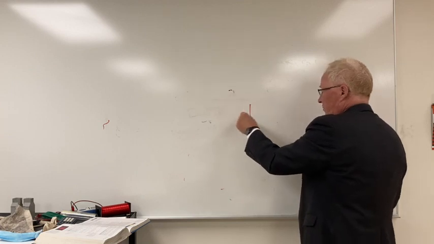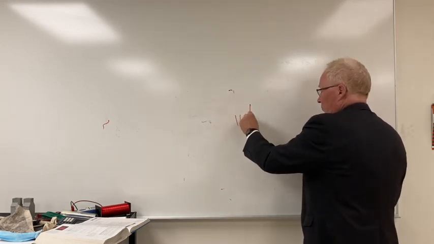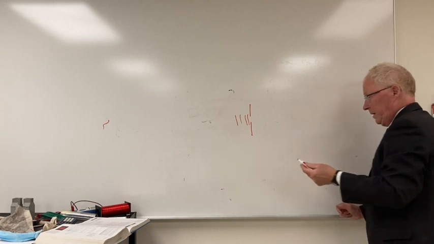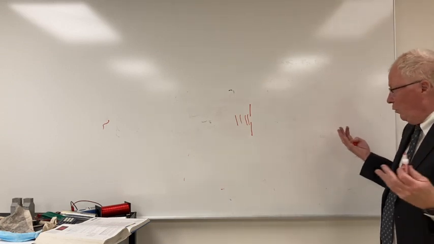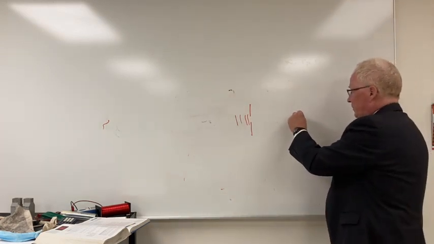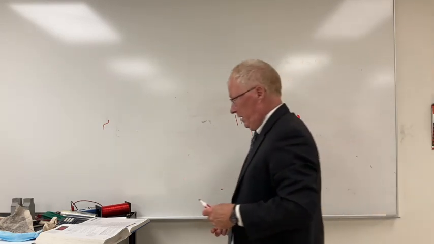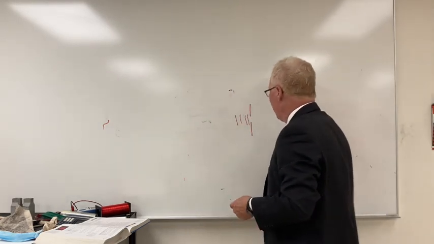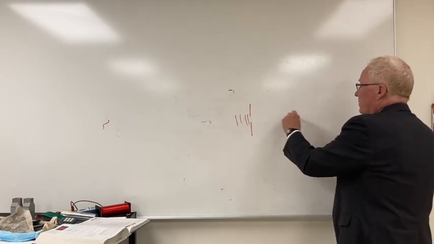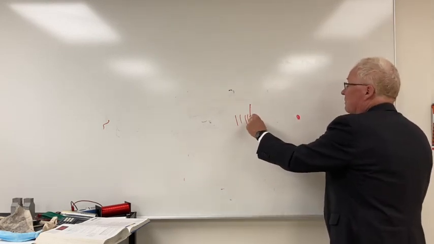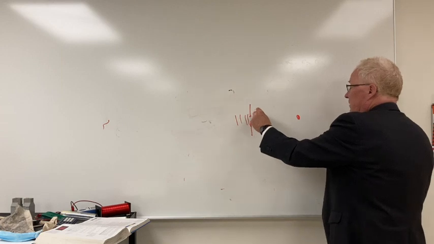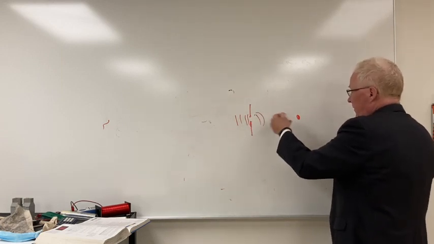If we have a single slit and light passes through, again, if there was no wave nature to it, you'd expect a single spot here. Well, as you see, instead of that, we end up with a broad spread. The light passes and it spreads out, but it does more than that.